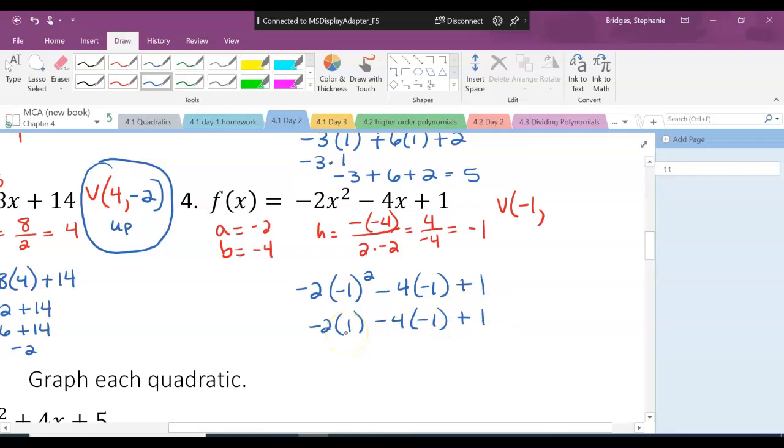What's negative 2 times 1? Negative 2. And then negative 4 times negative 1 is a positive 4. And then plus 1. Negative 2 plus 4 is 2. And 2 plus 1 is going to give me 3. And then the A value in this case is negative 2, so that means it's going to open down.